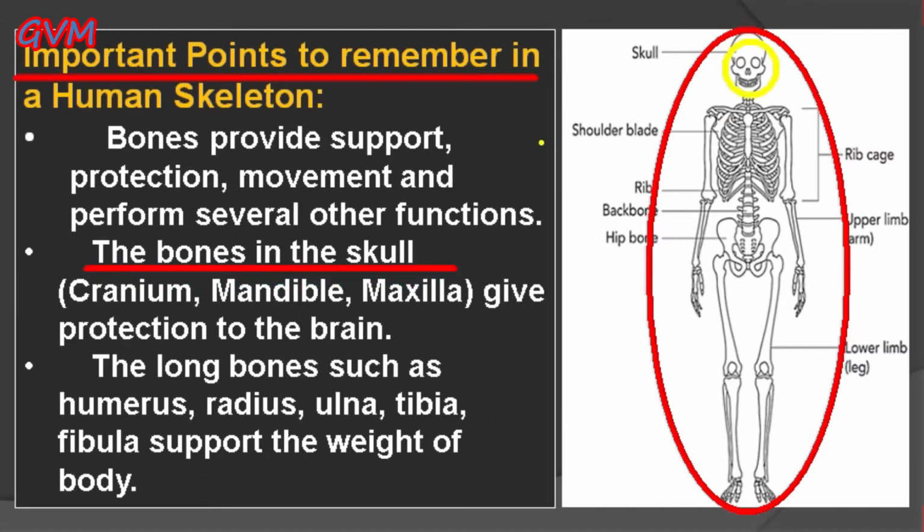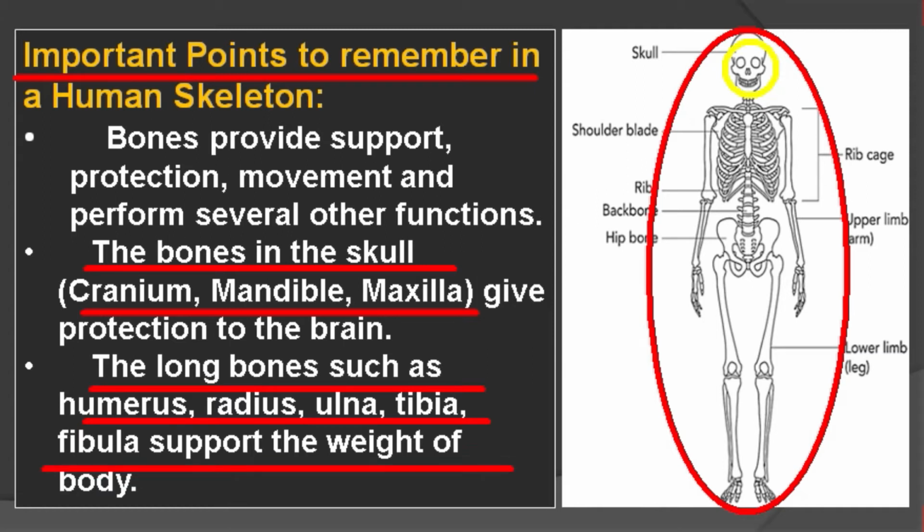And students, the bones present in our skull like cranium, mandible, maxilla give protection to our brain. Next, the long bones such as humerus, radius, ulna, tibia, fibula give support to the weight of our body.